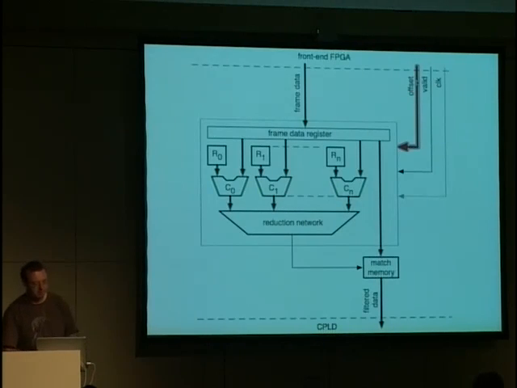So what happens in the backend FPGA? The backend FPGA is a so-called single data multiple instruction system. There was this guy called Flynn that in the 70s made a taxonomy saying you can have one processor with one set of data that's doing its job.